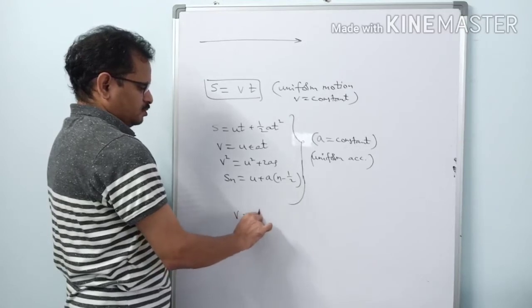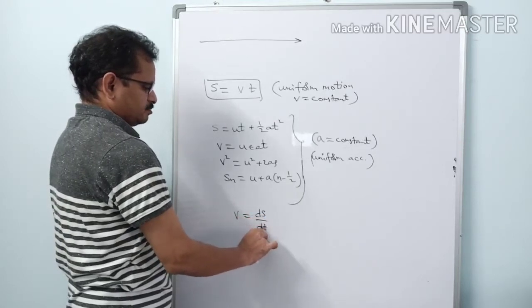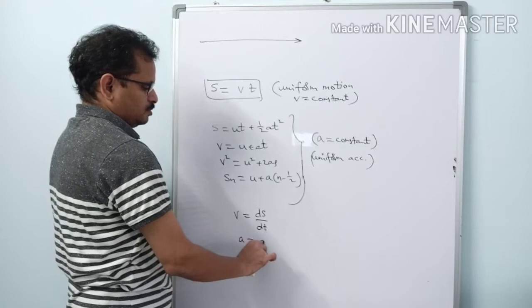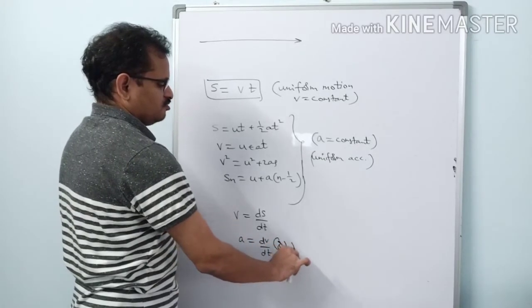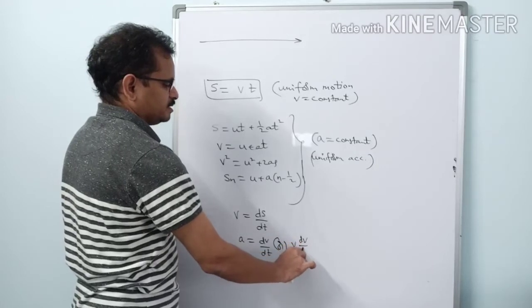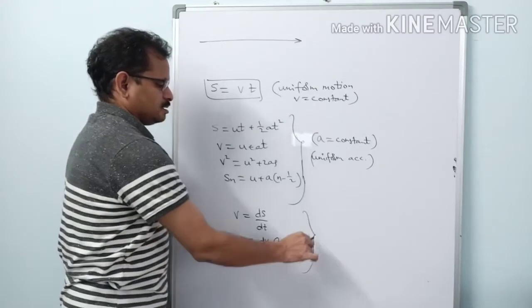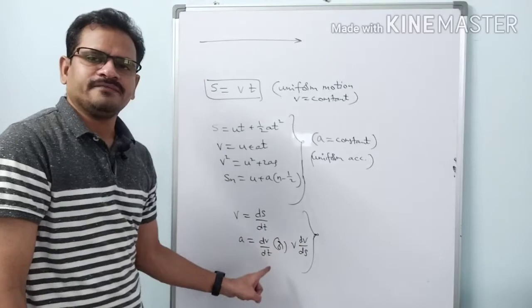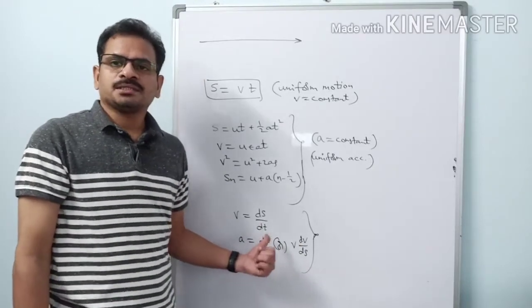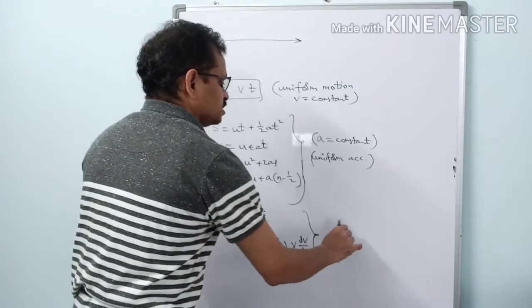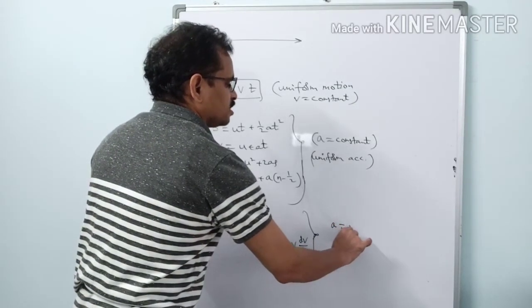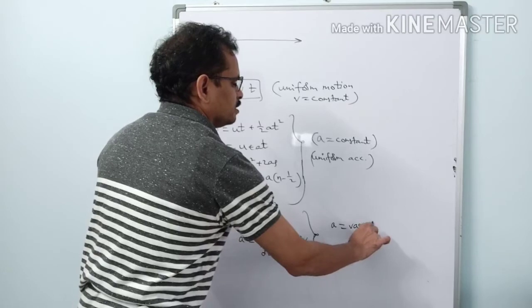Next one: V equal to ds by dt, A equal to dv by dt, or V dv by ds. This is another set of kinematic equations which involves the calculus part of mathematics, and we used these equations when A is variable.